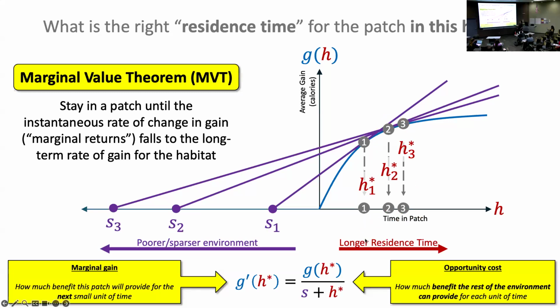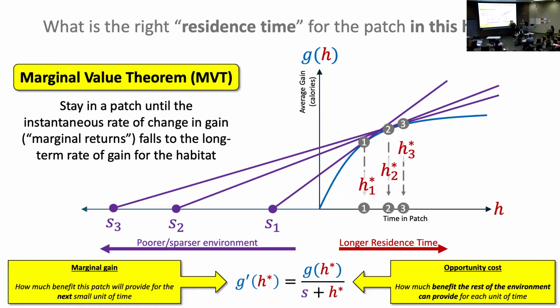That point of tangency will be the predicted time that the optimal forager will stay in that patch. And the nice thing about that model is that if you make patches closer together, it's easy to see that the line will swing in and the forager will end up spending less time in every patch, because they're closer together, so you can very quickly get to a new patch. But if you spread the patches out so there's more time in between them, then you're going to spend more time in each patch because now it's more costly to search.